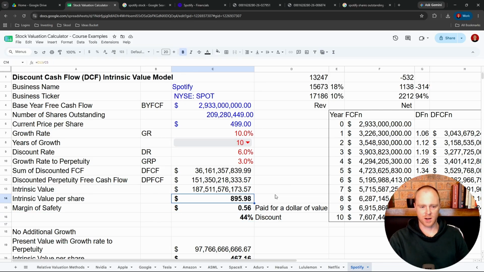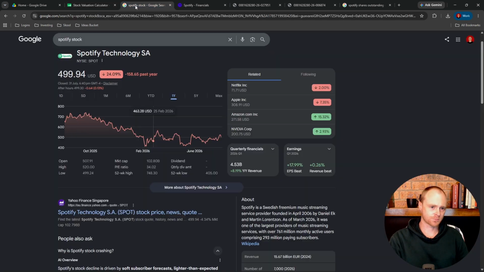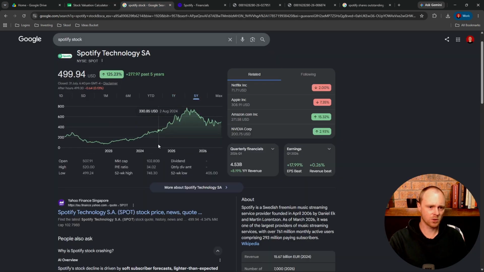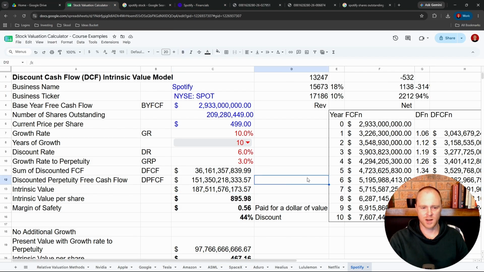So it would price it at $895, which if we have a look on here, it was getting up to that value and probably would have continued on if the price hadn't overrun investors' expectations and things like that. So this is another analysis of an undervalued company and what you could be looking for.